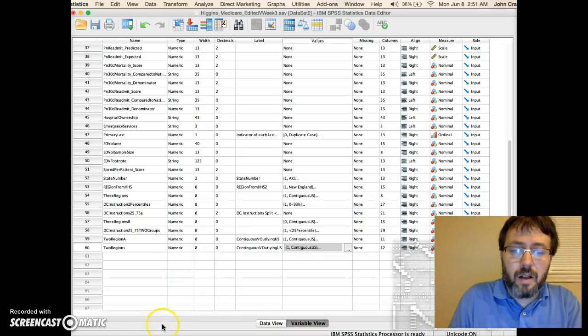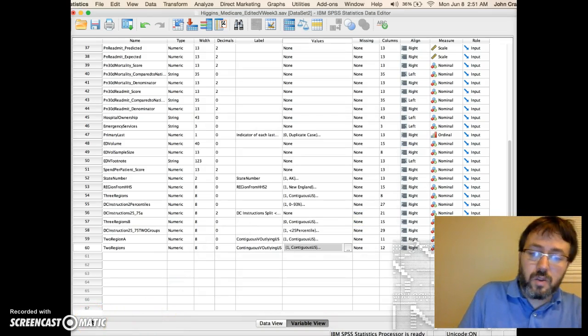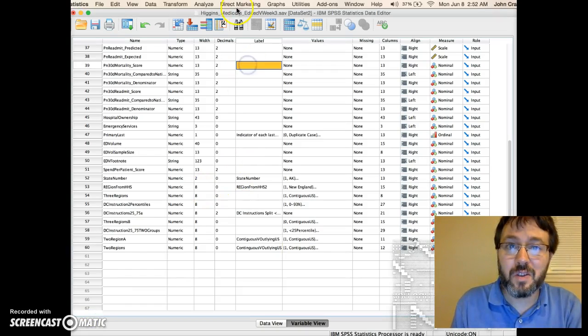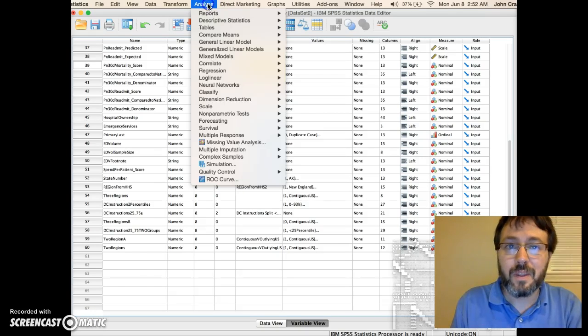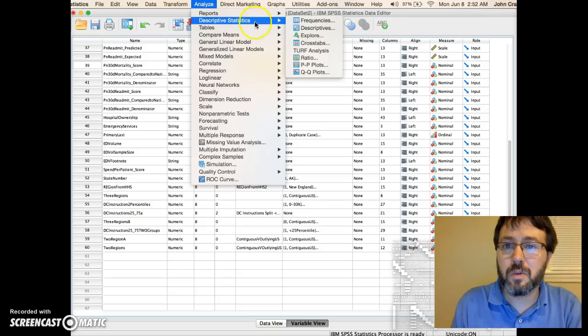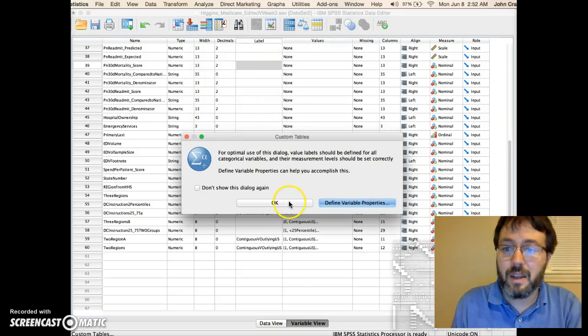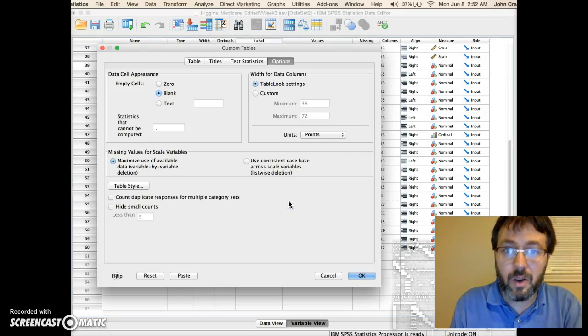All right, so now let's see how we can run a chi-square. As in much of SPSS, there are multiple ways to do this, so I'll show you several as we go through this. The first one is we're going to go to descriptive statistics and back to tables, and we'll go to custom tables. And again, it gives us the warning, you need to know how your variables are defined.